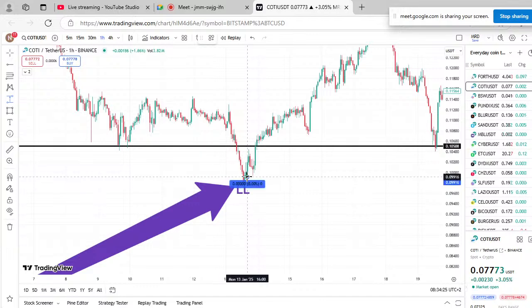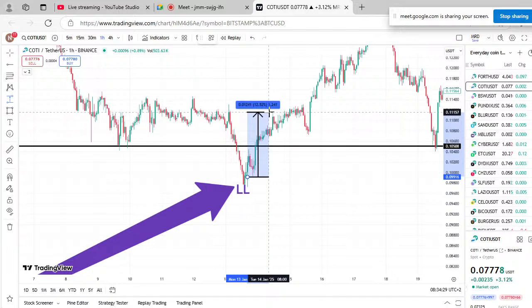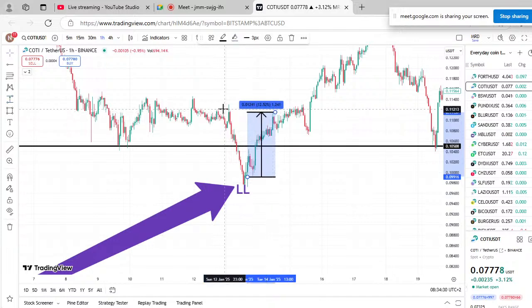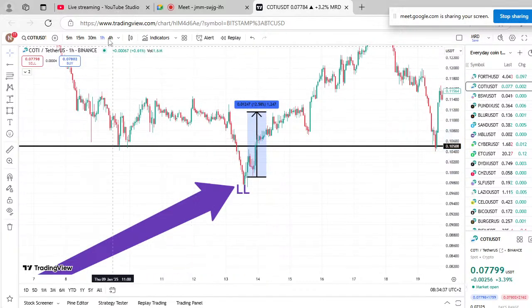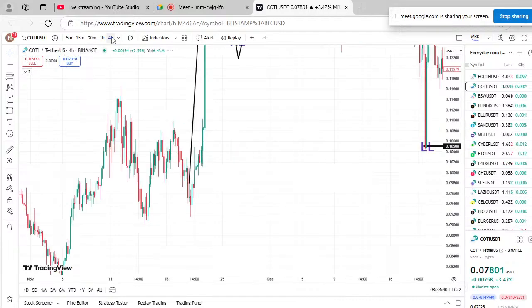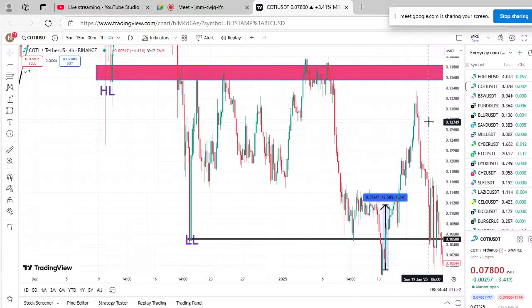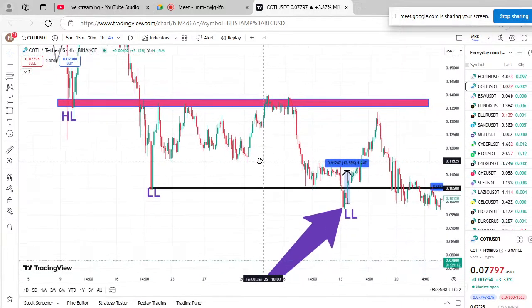So you could look at this point, targeting the previous lower high. That could be your 12%. Is this one hard also? It is not hard. It is easy. Just identify the trend.